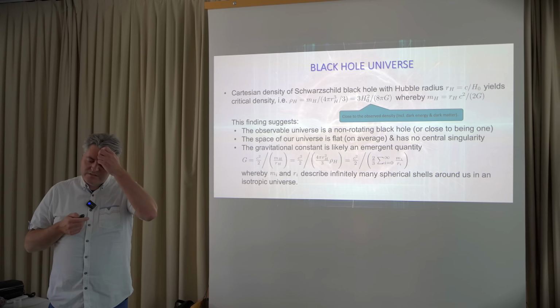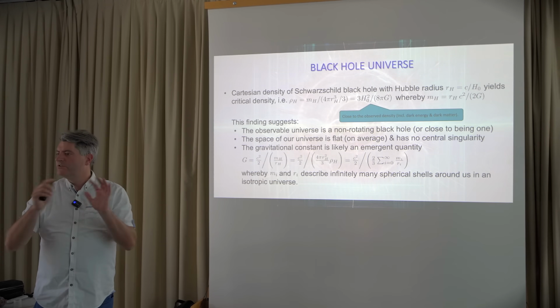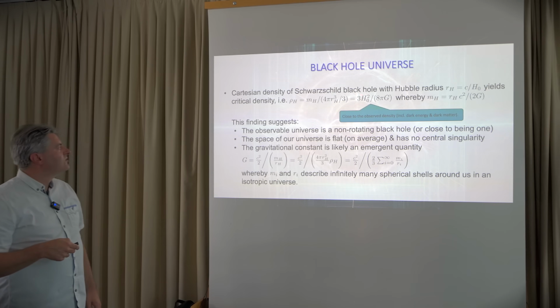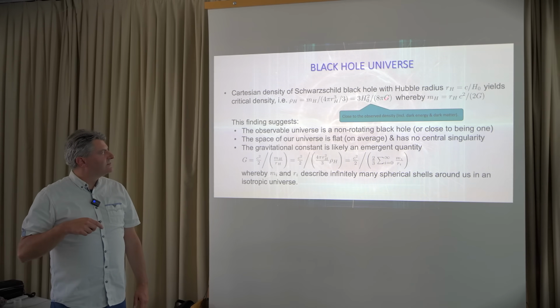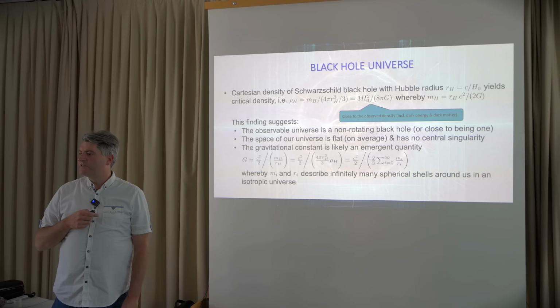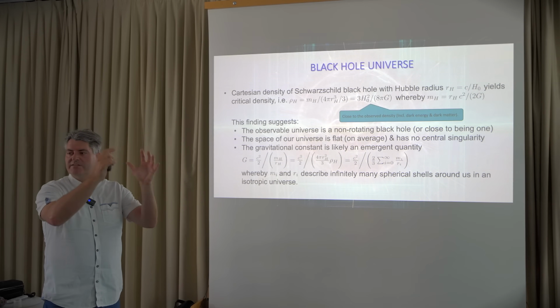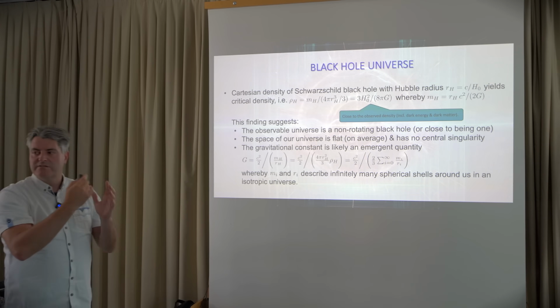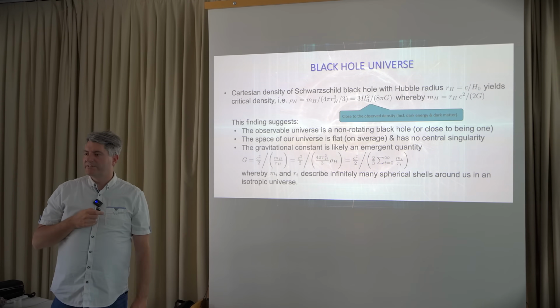And if you assume that the universe is a black hole, and take the black hole mass for that radius, and just divide it by the Cartesian volume of a sphere, what you get is that the observable universe has this density, and this is exactly the critical density of general relativity theory. So if you take the observable universe, say, okay, it's a black hole, divide it just by the ordinary flat space volume, you end up with the same result that general relativity is predicting for flat space.